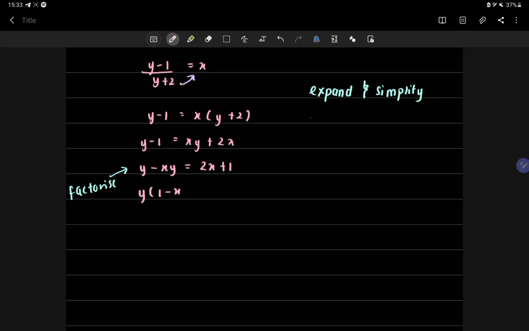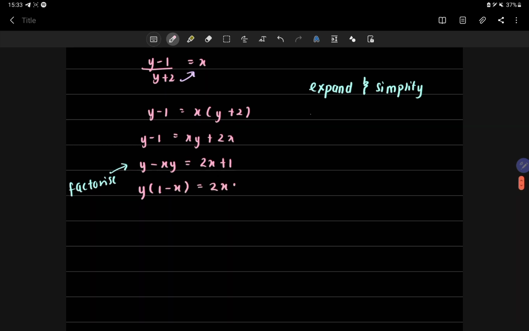So it should be y times (1 minus x) equals 2x plus 1. Now let's move 1 minus x to the bottom, so it becomes y equals (2x plus 1) over (1 minus x). So our final answer should be f inverse x equals (2x plus 1) over (1 minus x). And that should be our final answer.